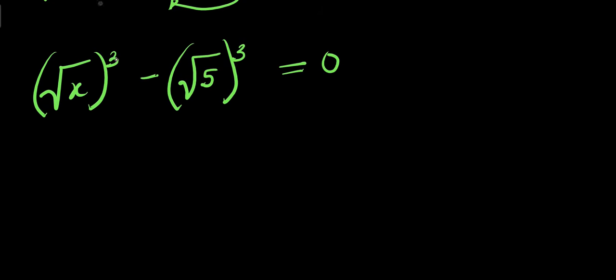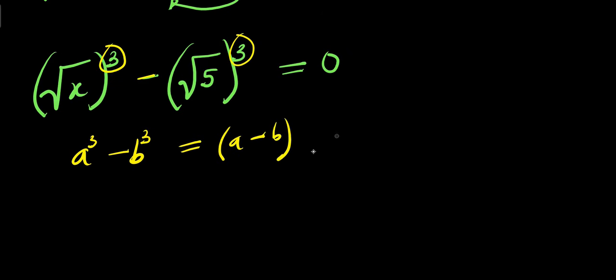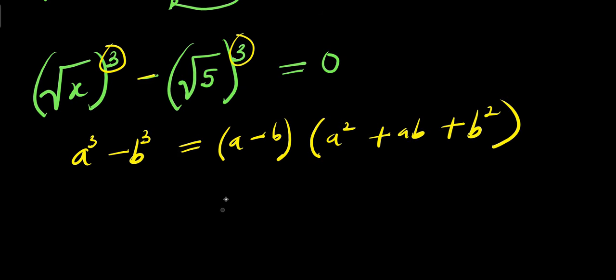So right here, we have power 3, there's minus. We need to expand this, so if you have a power 3 minus b power 3, this equals a minus b times a squared plus ab plus b power 2. And in this case, a is root x, b equals root 5. So we are going to apply it right here.